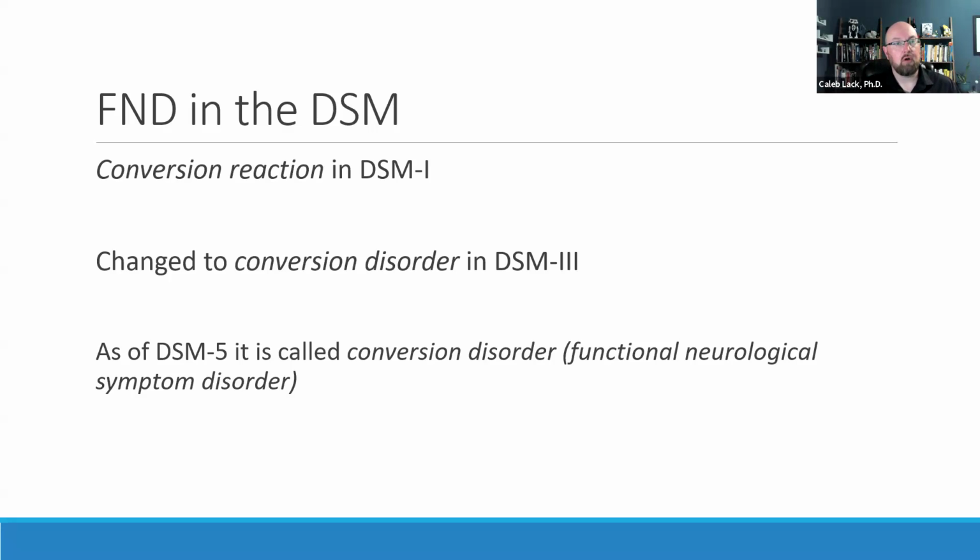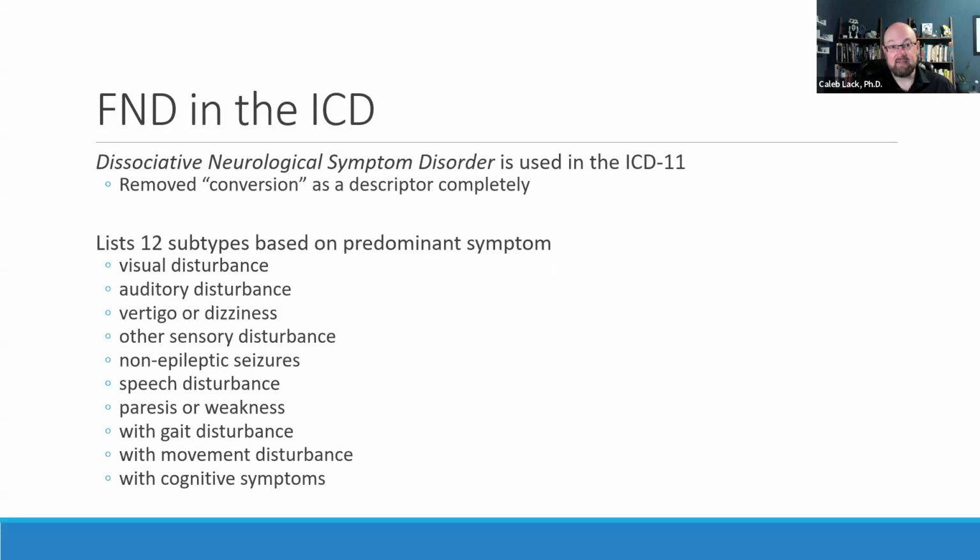Relatedly, if you're looking in the International Classification of Diseases, the ICD-11, the newest edition, actually completely removed conversion from the name. Instead, what we call FND they call dissociative neurological symptom disorder. So they don't necessarily have the functional part in there, which was an interesting shift.